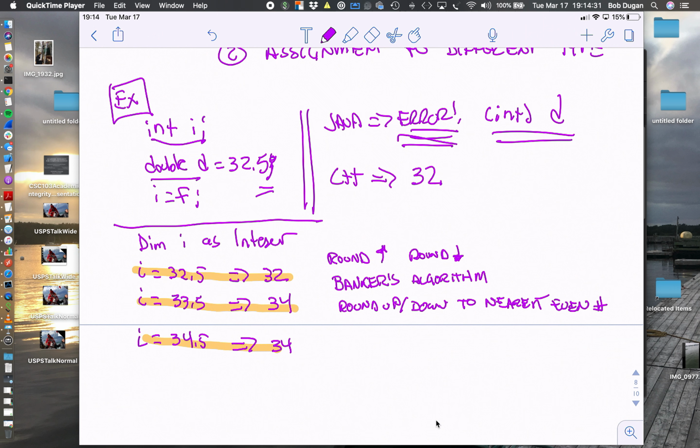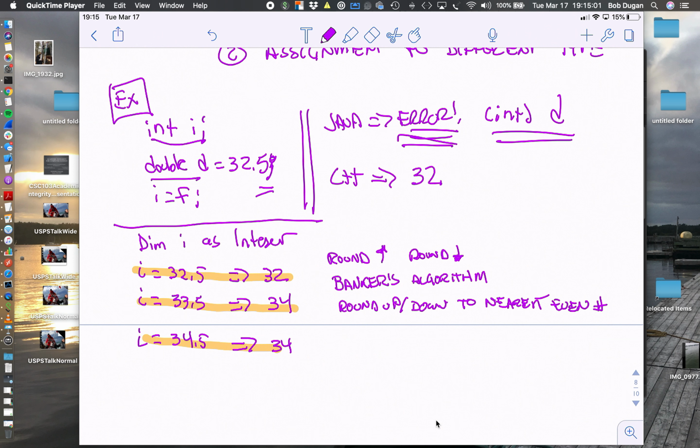If we assume that we have a whole bunch of numbers in our database, hundreds of thousands of numbers, and not every number is going to have 0.5, but we have a whole bunch. Some of them have 0.5, and some of them are even, and some of them are odd, and it's a pretty even distribution of what's even and what's odd when we have 0.5s.